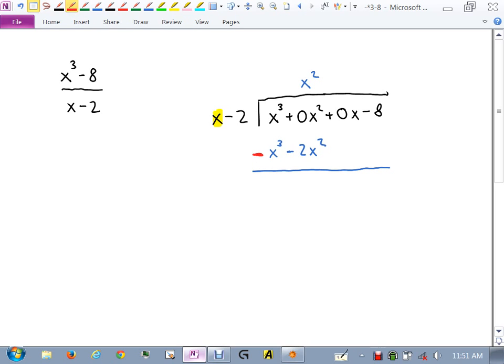Subtract, change the signs. So what do I have on my next line? The x cubes are gone, the 0x squared minus negative 2x squared gives 2x squared, and negative 8 comes down. So I should have 2x squared and then negative 8 back here.